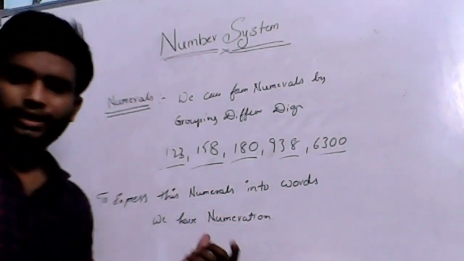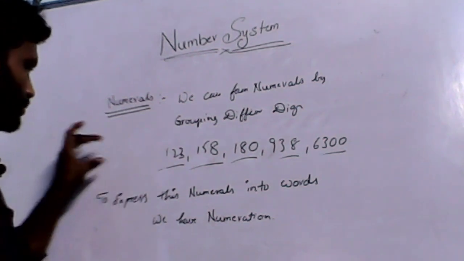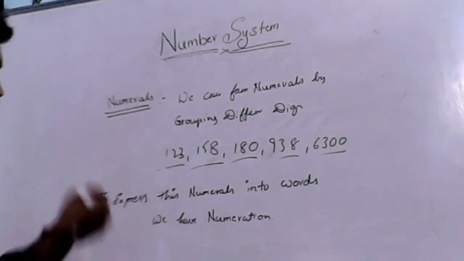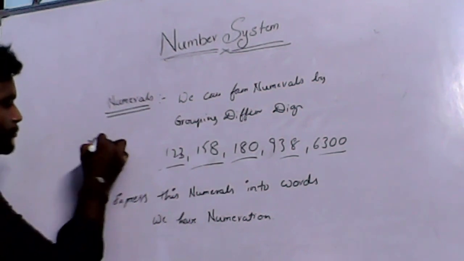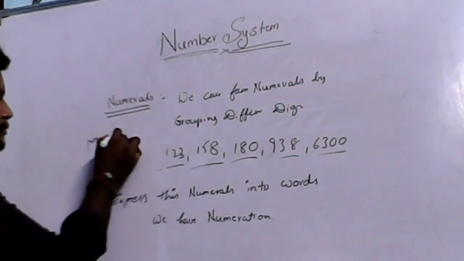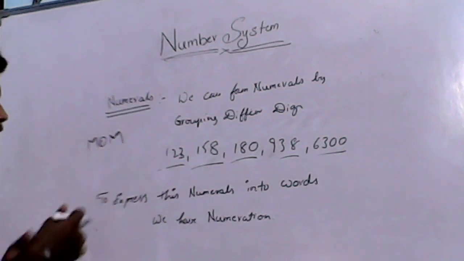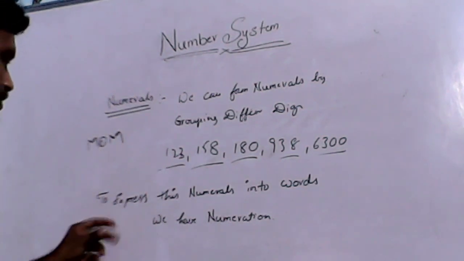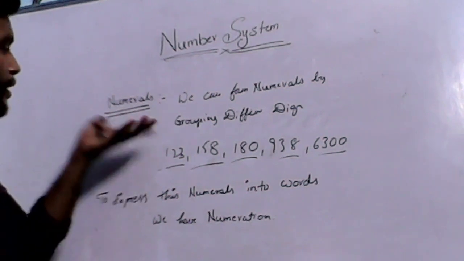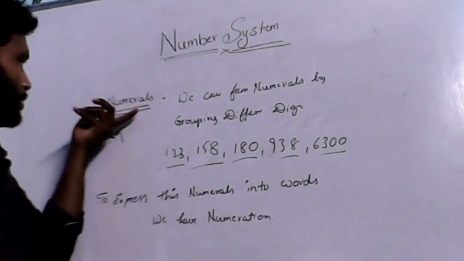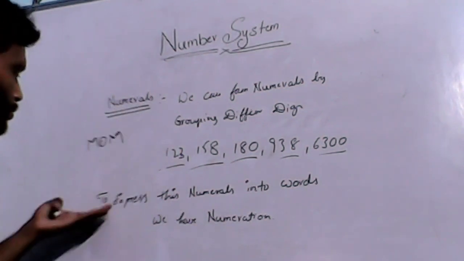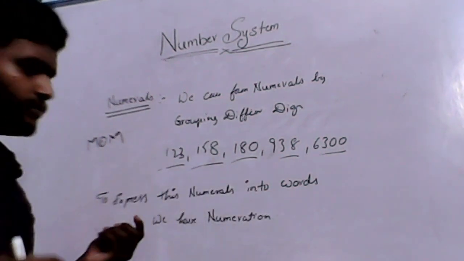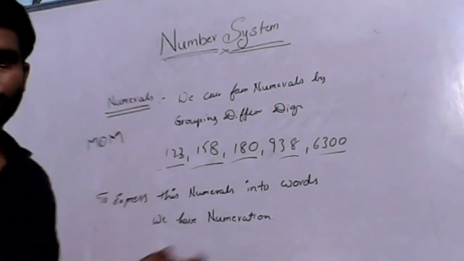Like in other languages, we have a symbol as well as how we pronounce that symbol. Like we have 'mom' as a symbol, and we know how to pronounce it, right? In the same manner, we have some symbols in maths which are known as numerals, and to express these in words, we have something called numeration.